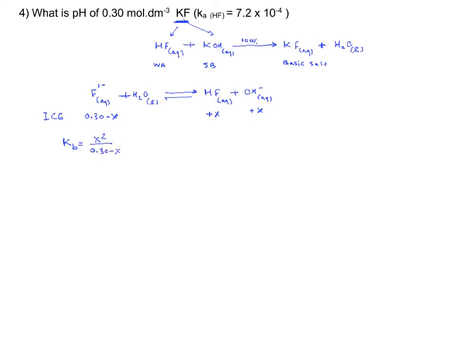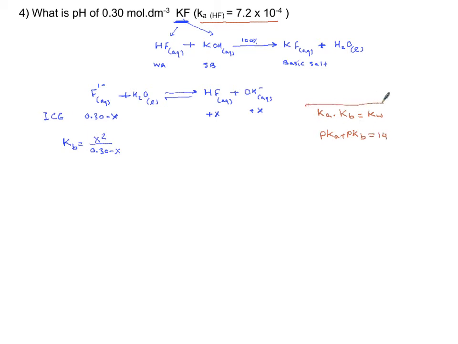Now if you note, we don't have Kb, rather Ka of the acid is given. So what we should recall is Ka times Kb was Kw, and also pKa plus pKb is equal to 14.